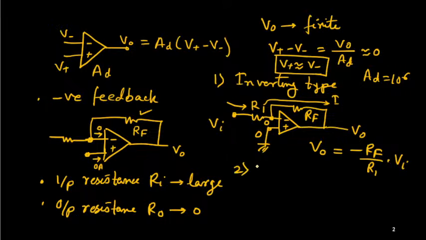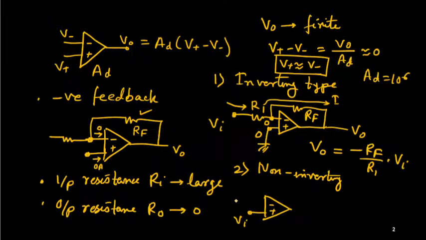Second one is non-inverting. In non-inverting, the input is applied to the non-inverting terminal. So here the input is applied, but on this side the feedback will be there. This is your RF, this is your R1, this is grounded, this is V0.